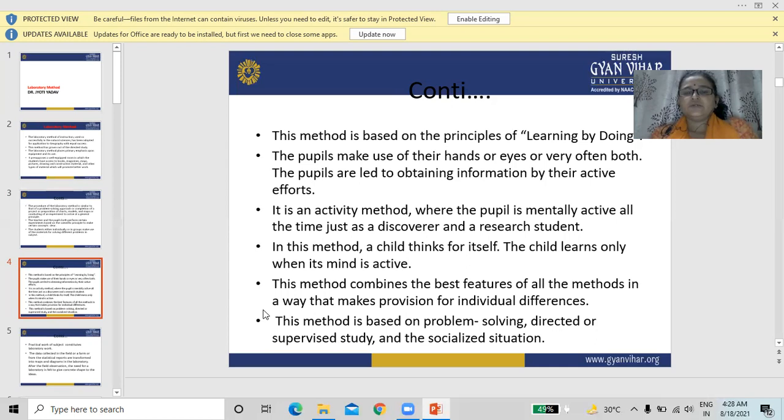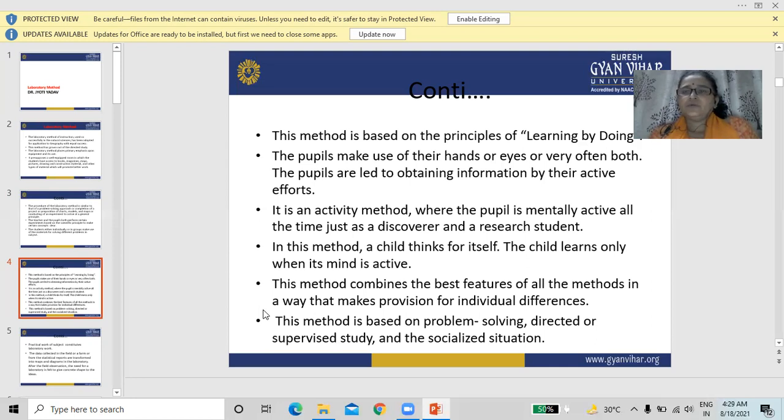This method is based on problem solving, directed or supervised study, and the socialized situation. This method is basically a student centered method.